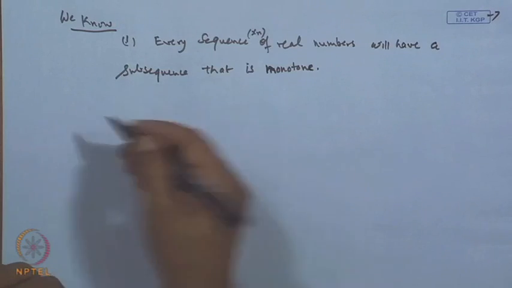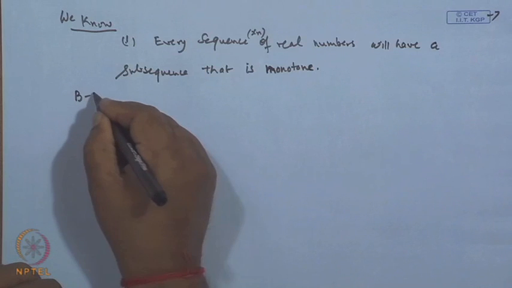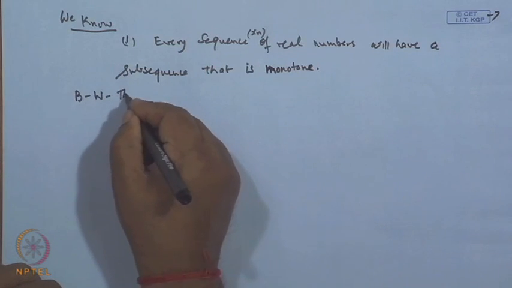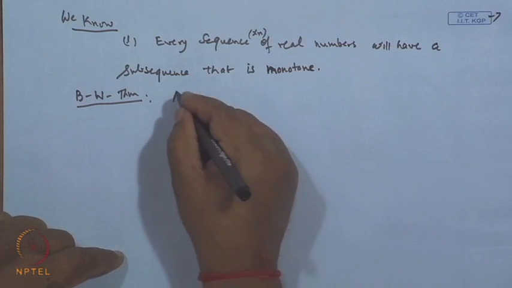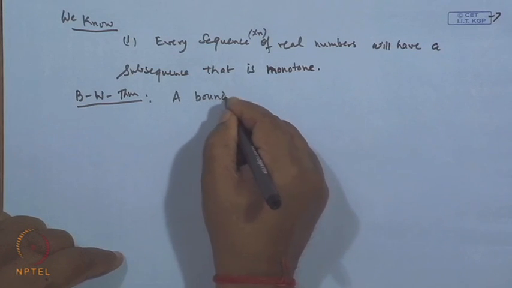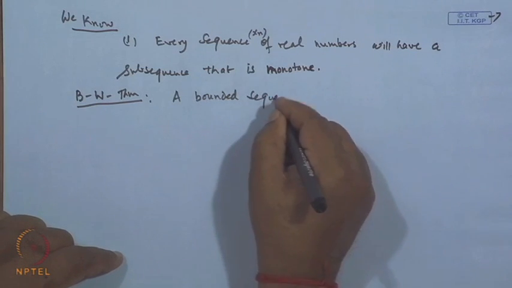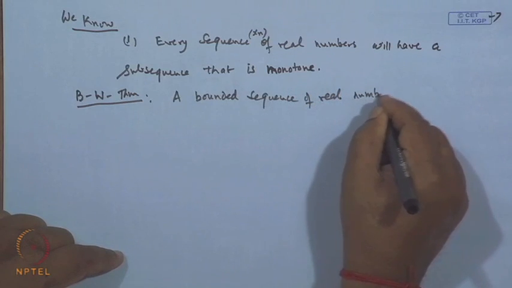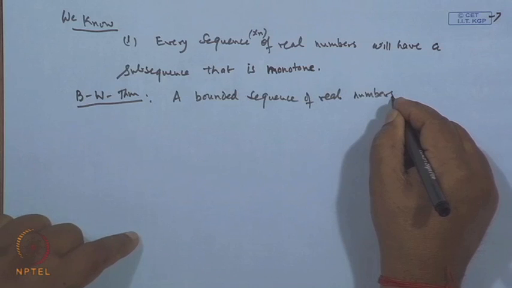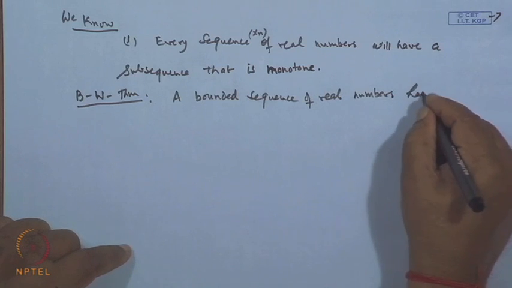And there is one more result which we have also seen, the Bolzano-Weierstrass theorem. This theorem shows that a bounded sequence of real numbers has a convergent subsequence.